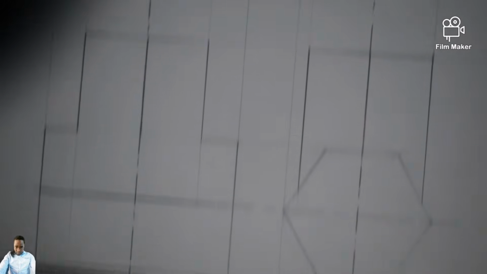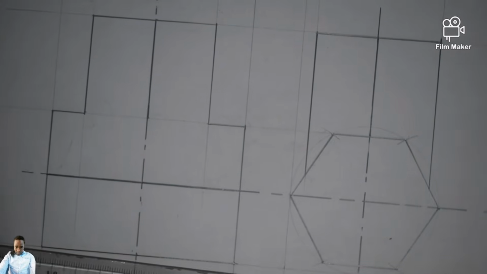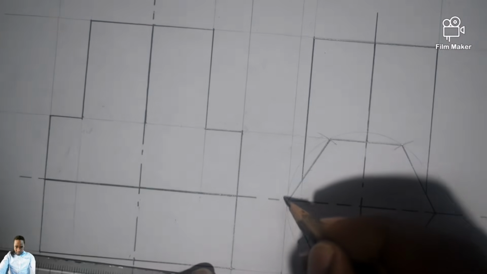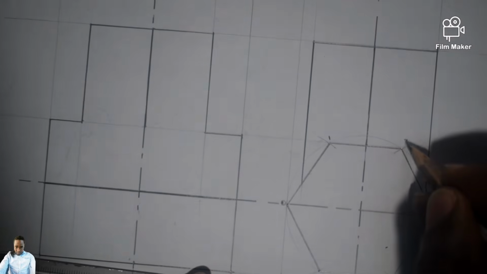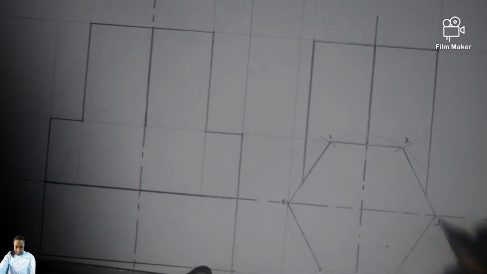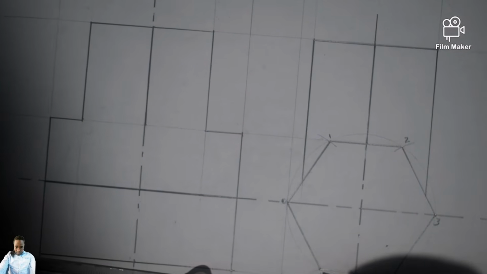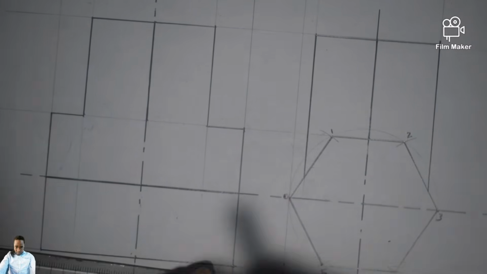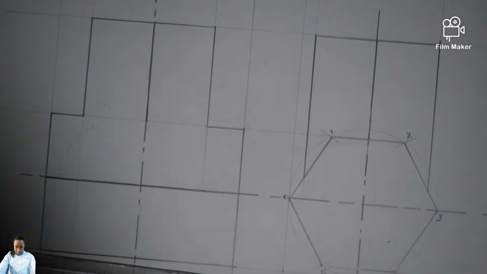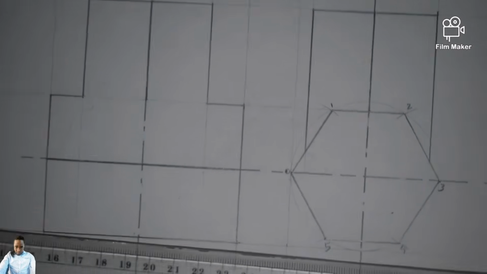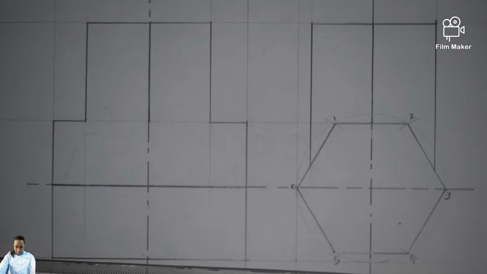Let's start to draw the line of penetration. So I will decide to name this one 0, 1, 2, 3, 4, 5, back to 0. You understand? So why am I naming these points? So that we'll be calling them by their names.